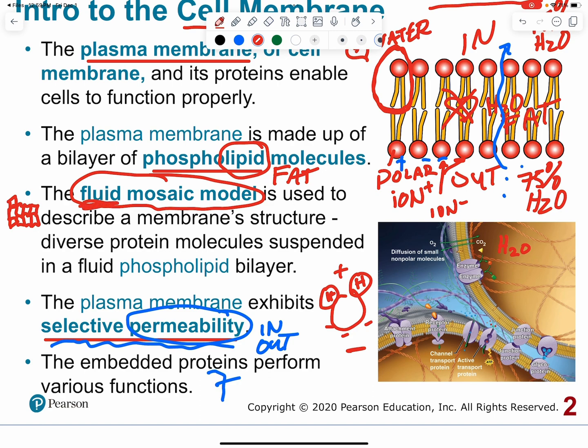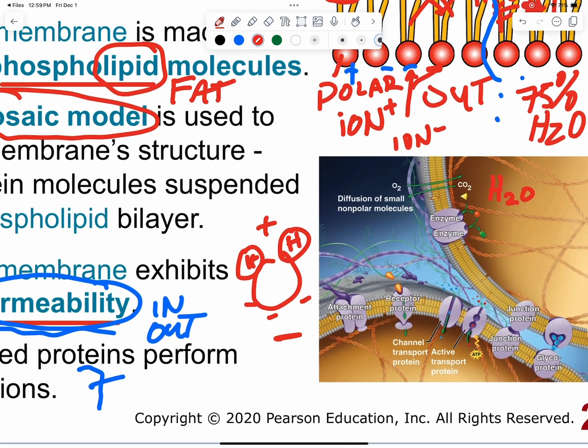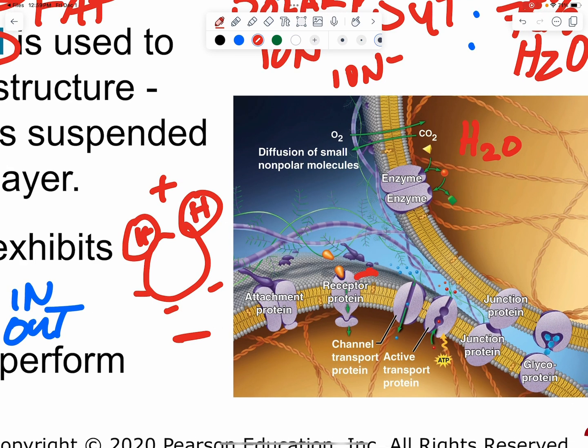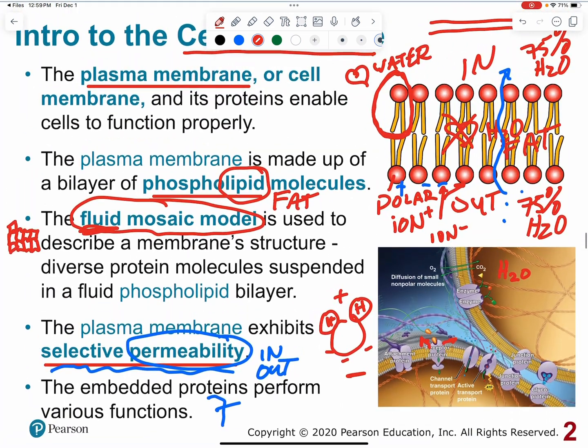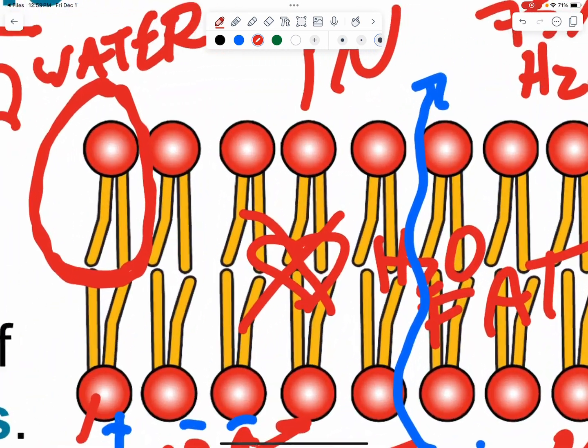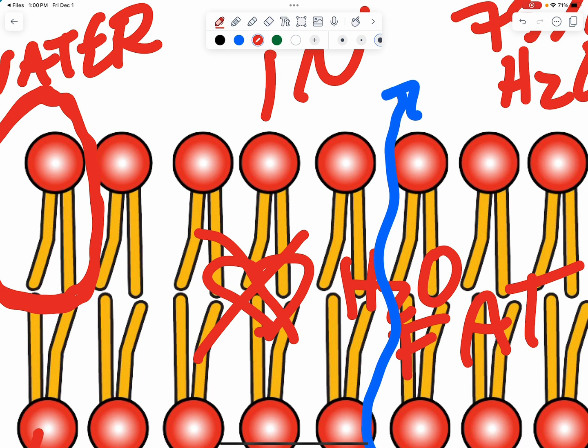Fluid means that things move around. All these things that are embedded, they are going to move around. We saw that clearly in the Hidden Life of the Cell video. Things are constantly in motion. And that's what it means by a fluid. If you think about these guys as balloons in the ceiling, the entire ceiling's covered with red balloons and yellow ties.